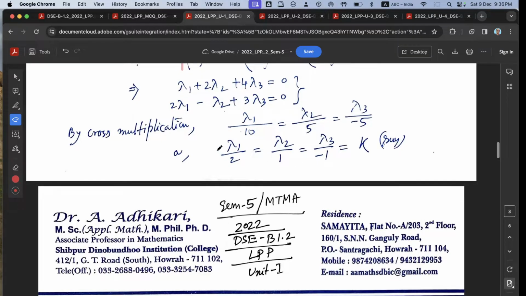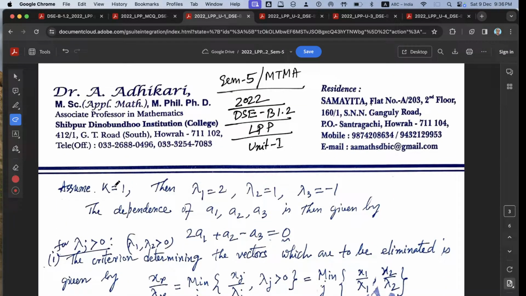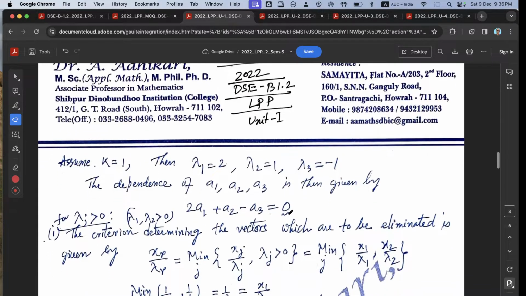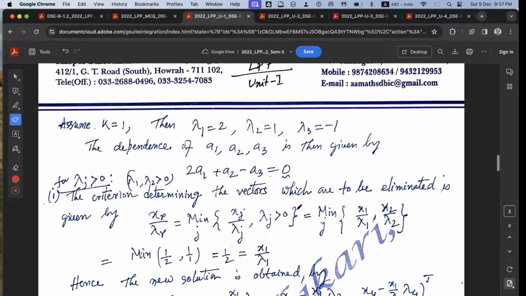After simplification by cross multiplication, we get lambda 1 by 2 equal to lambda 2 by 1 equal to lambda 3 by minus 1 equal to k. Assume k equal to 1, then lambda 1 equal to 2, lambda 2 equal to 1, lambda 3 equal to minus 1. The dependence of a1, a2, a3 is then 2a1 plus a2 minus a3 equal to the 0 vector.